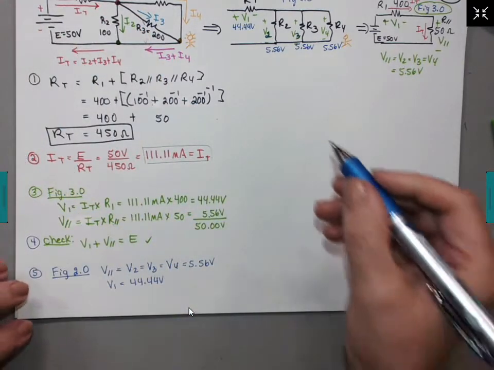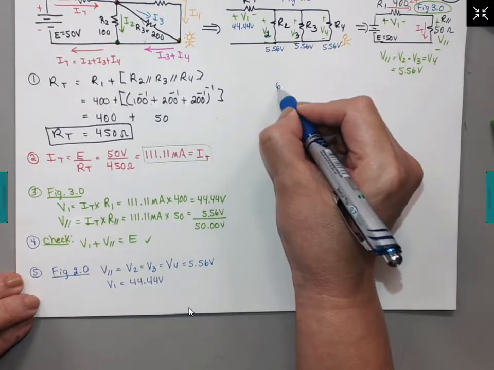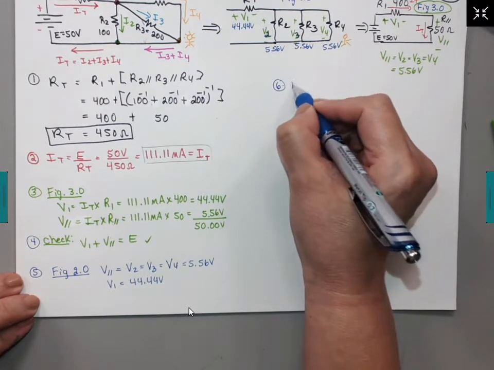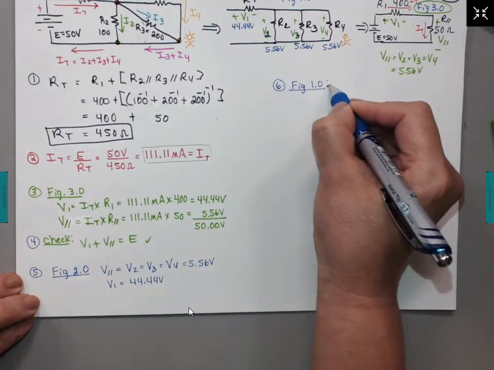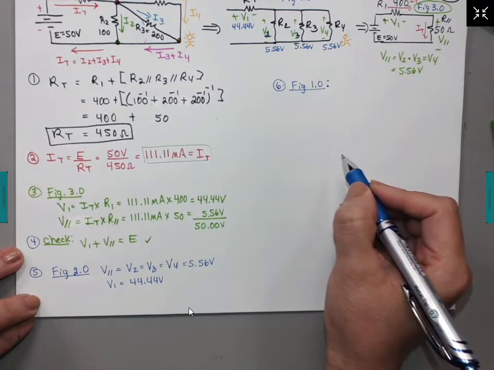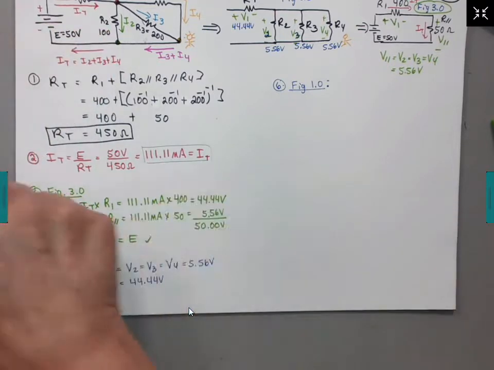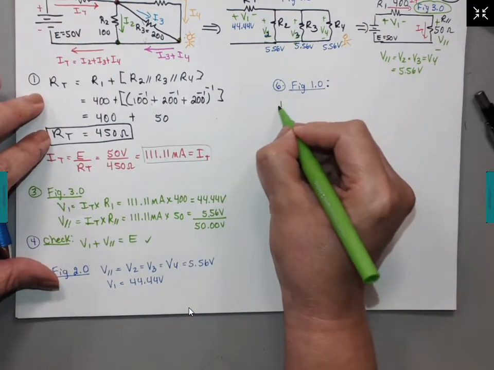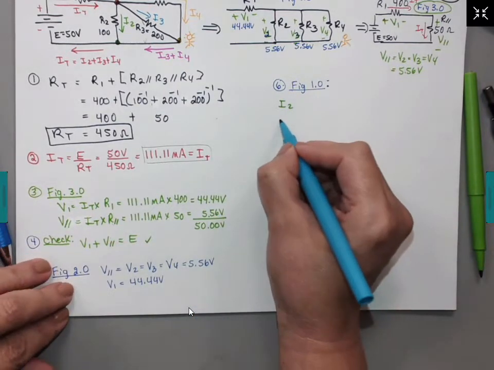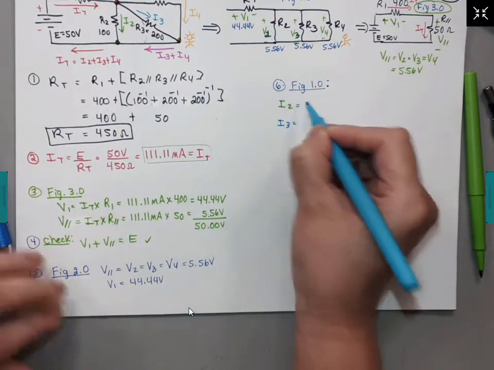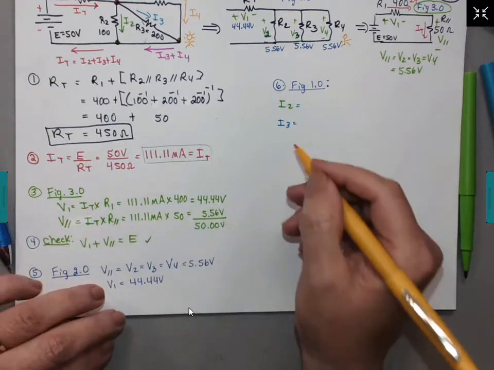So we're going to go to number 6 over here. And we're going to be looking at figure 1.0. Figure 1.0 says that we're going to find my current I2, my current I3, my current I4.